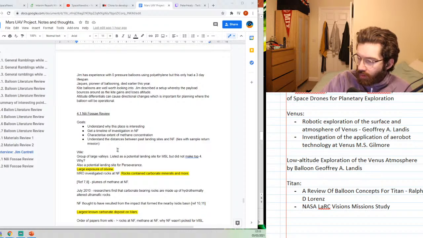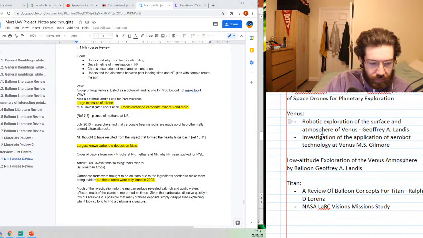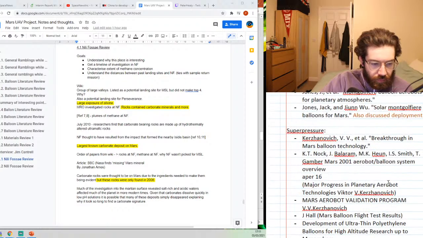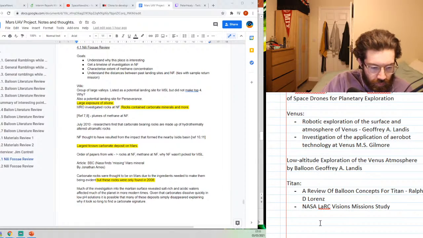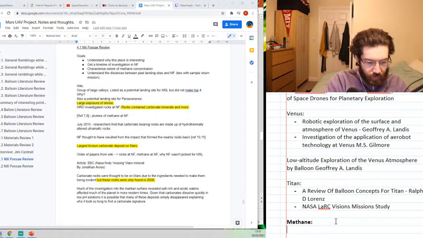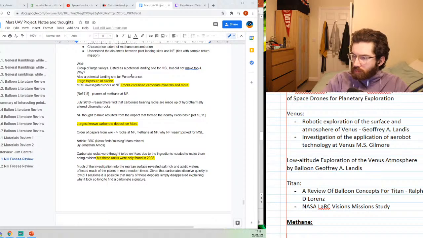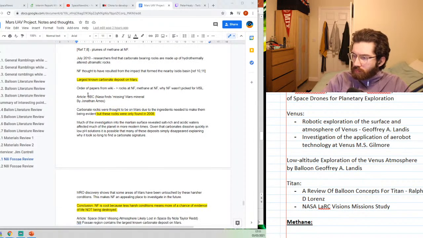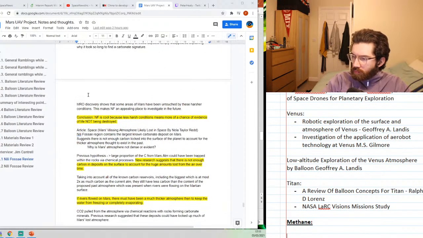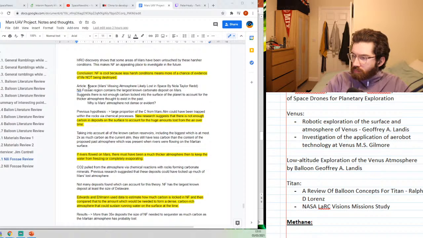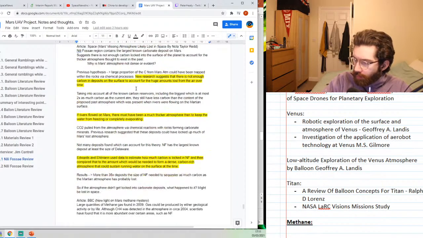Then we have the gym bits, Nili Fossae. Oh, it's an article, not a paper.